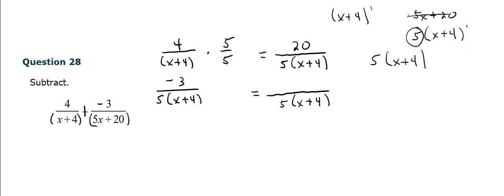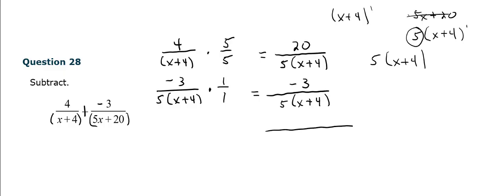In our denominator, of course, 5 times x plus 4 gives us our common denominator, 5 times the quantity x plus 4. Now for the second one, we have negative 3 over 5 times x plus 4, and 5 times x plus 4 is our common denominator, so we don't need to make a change. So it remains negative 3 over 5 times x plus 4.